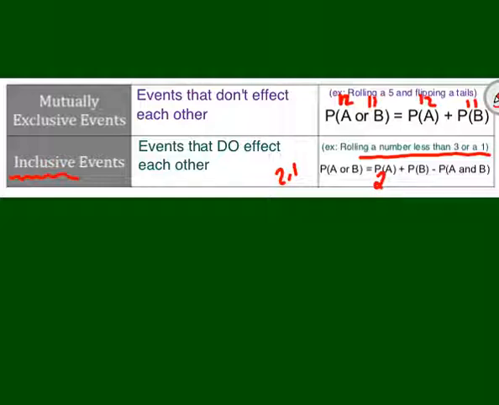Well, the probability of the 1 or a 1 is plus 1. Well, you actually have to subtract 1, because 1 is in this group, but it was also here in this group. So we can't count the 1 twice, so that's why you have to subtract. Otherwise, you would end up counting 1 twice. So that's when the events do affect each other.